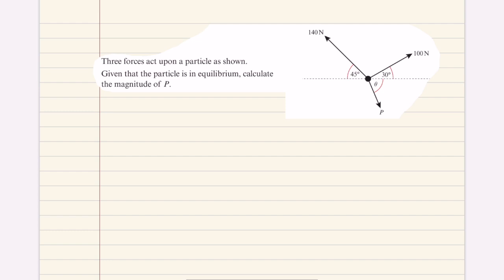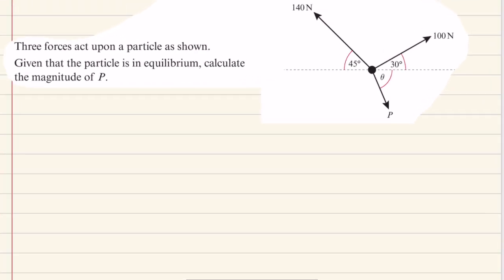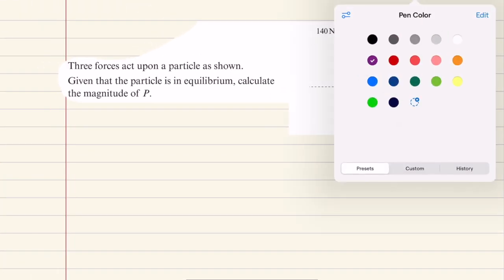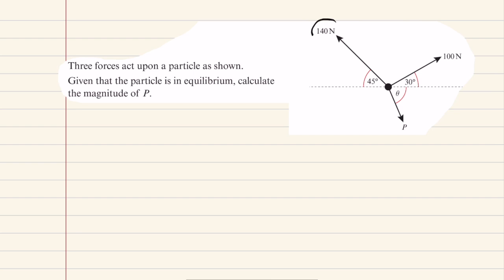Given that the particle is in equilibrium, calculate the magnitude of P. Now, these three forces are in equilibrium, but there are two unknowns. We don't know what the value of P is. That's a question mark, and we don't know the angle that it creates with the horizontal, which is theta.